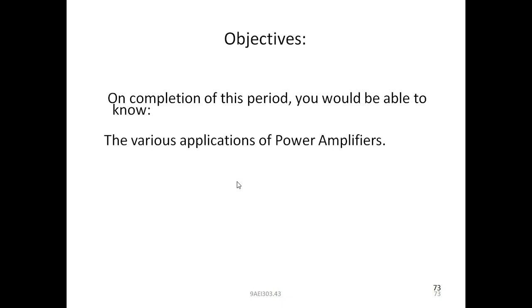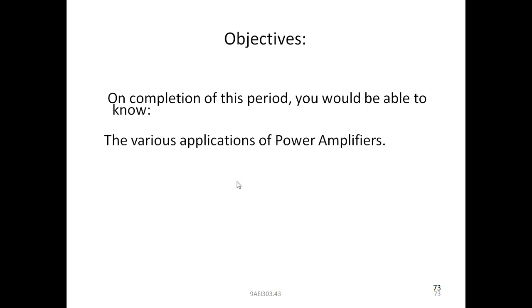Next, Class B. The types we have discussed are push pull Class B power amplifier and complementary symmetry Class B power amplifier. In push pull we have used transformer coupling, whereas complementary symmetry does not use transformer coupling. In the transformer we have taken the secondary with a center tapped connection, so with that center tap, phase inversion can be achieved.